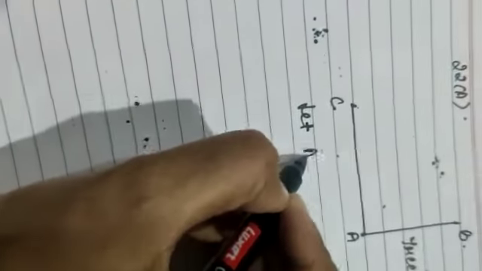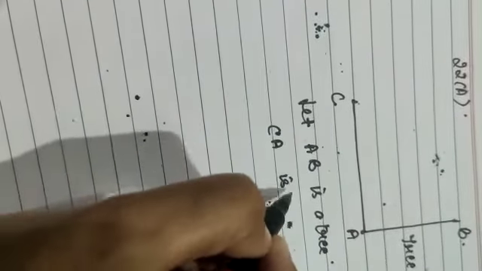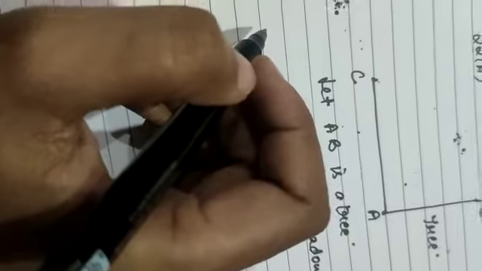So ABC, let AB is a tree and CA is its shadow, right?